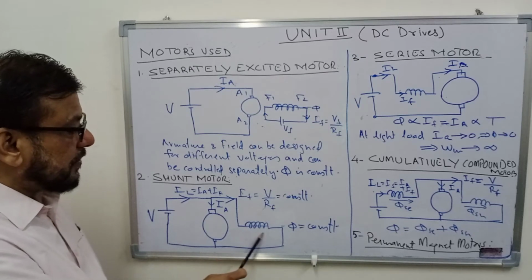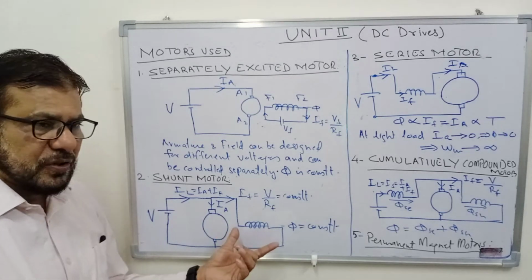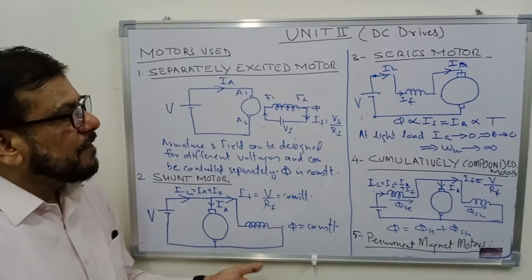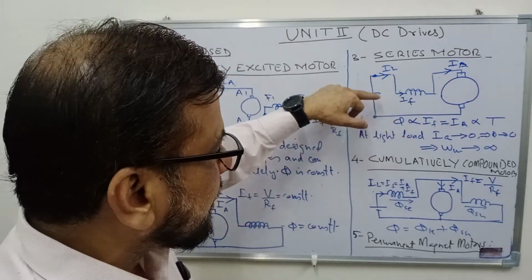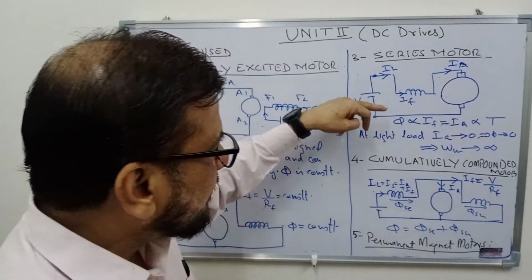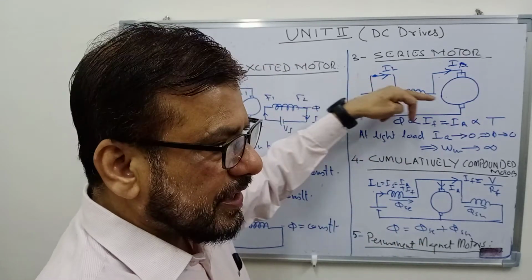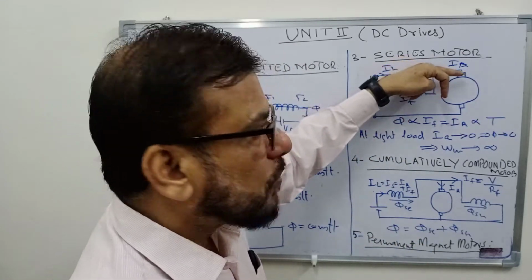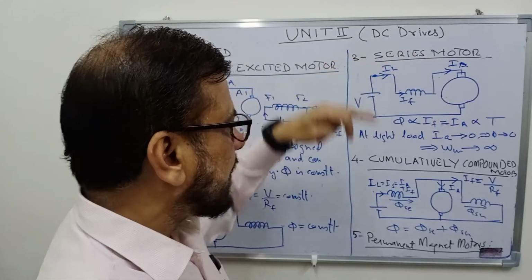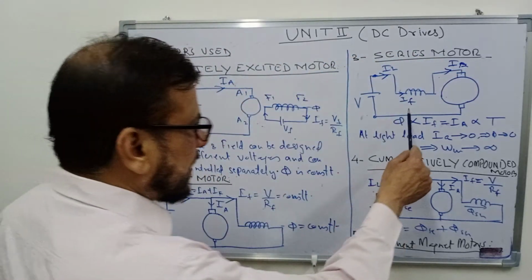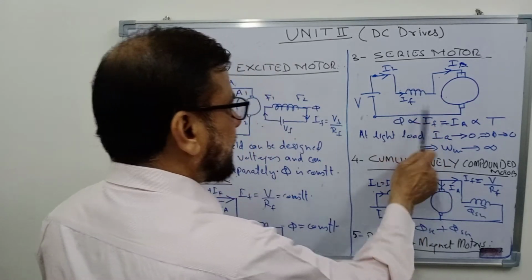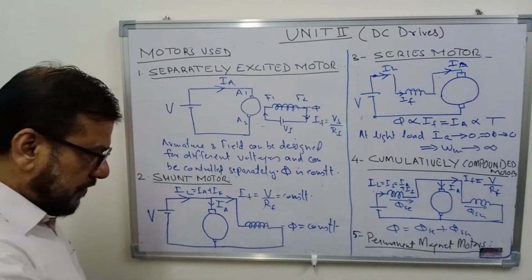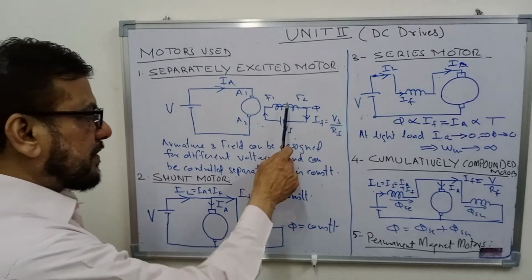So the resistance of the field winding when it is shunted across the armature should be high, whereas in the series motor the field winding is connected in series with the armature. This means that the current flowing through this winding will be high. It will be equal to the armature current or the line current. So the current carrying capability of the field winding will be higher in the series motor and much smaller in the case of shunt and separately excited DC motors.